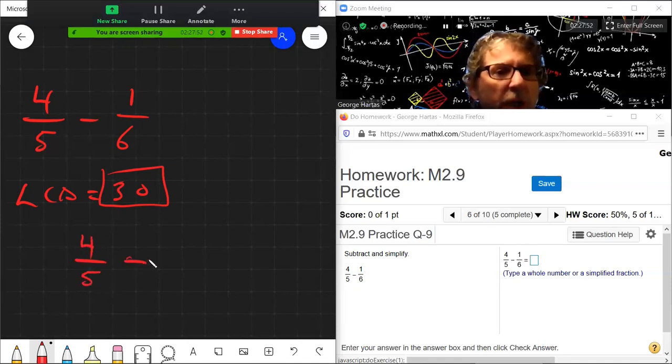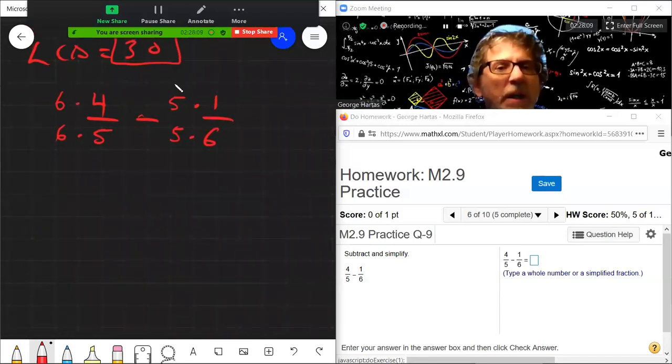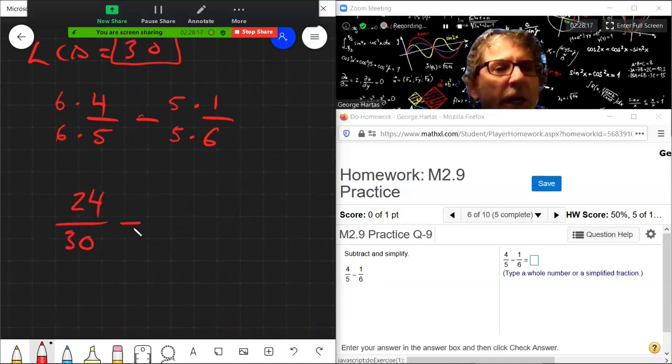4/5 minus 1/6. And we know that 6 times 5 is 30, which means we got to multiply by 6. We know that 5 times 6 is 30. We got to multiply by 5. Then we multiply numerators and denominators, so we get 24 over 30 minus 5 over 30.